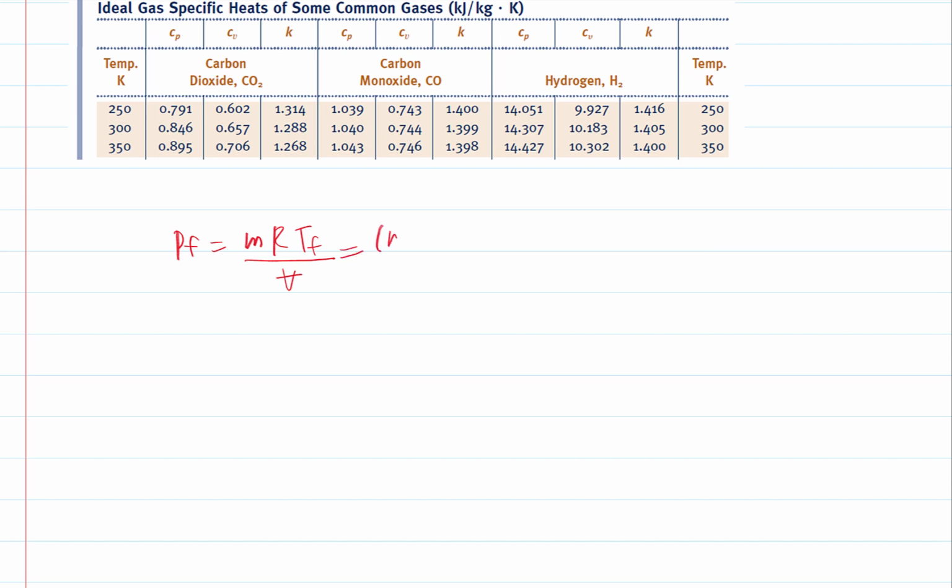So masses of each tank, gas constant, and the final temperature. Total volume is volume 1 plus volume 2, and volume can be solved by the ideal gas law.